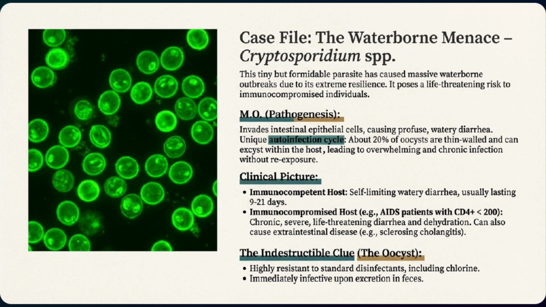So the cells can reproduce and then infect the same host again, which leads to prolonged disease. In the clinical picture, a healthy host usually has self-limiting disease, but immunocompromised hosts can have life-threatening dehydration as well.